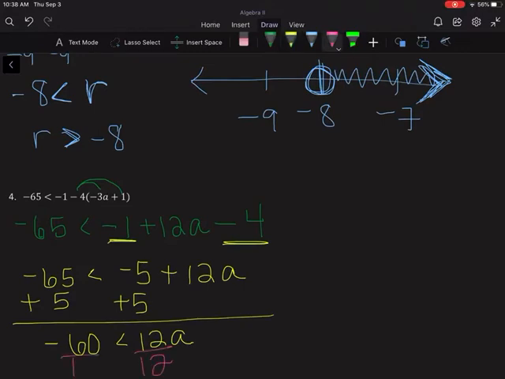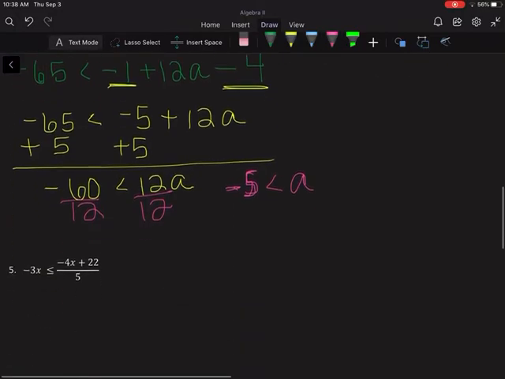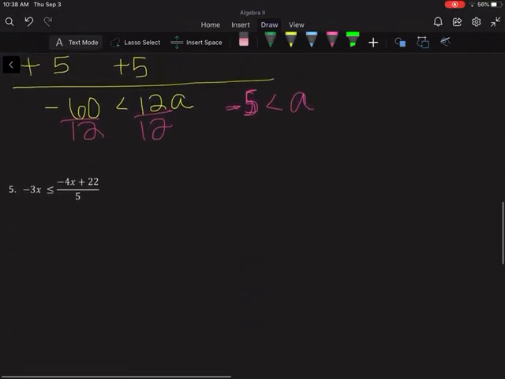And then last step would be to divide by 12. So a is greater than negative 5. I did not mean for all of these to be greater than. All right, so not so bad. Just have to know to distribute first.